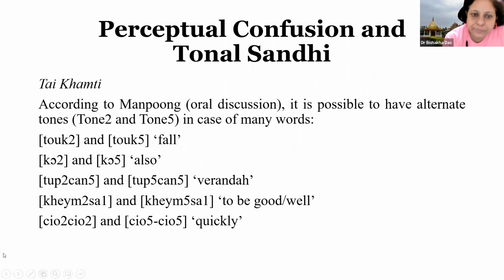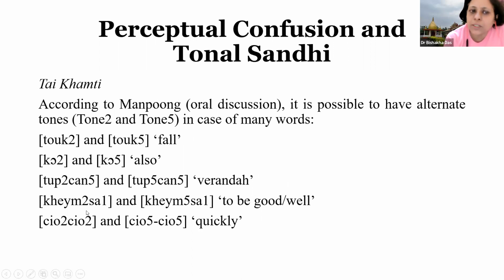And the third is tupchan. So tup is low tone and chan is falling tone. This can also be pronounced as tupchan. Tup can be both low tone as well as a falling tone. This can be perceived in two ways, which means veranda.